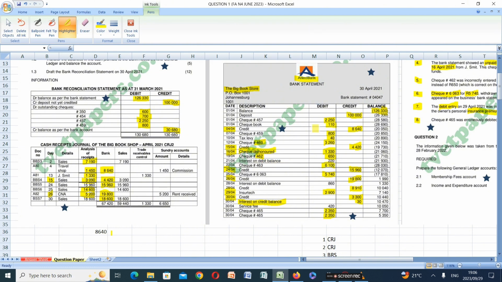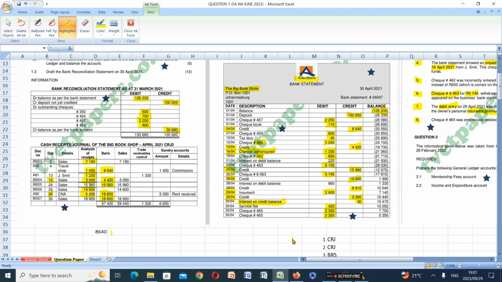We all know that these are our bank charges. The checkbook and the tax levy are bank charges, while the interest on debit balance is not a bank charge. And then we have our service fee, and this amount also is a bank charge.